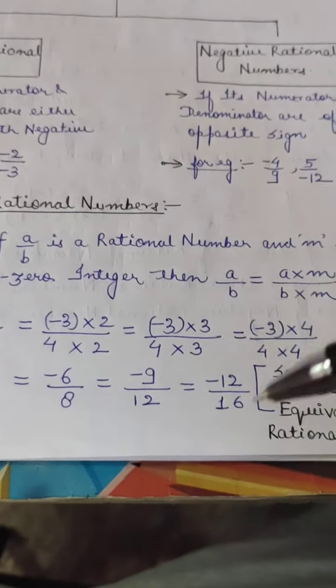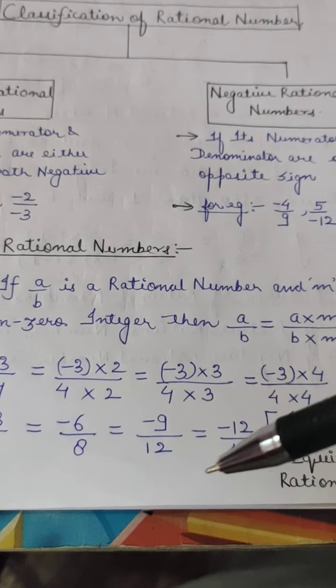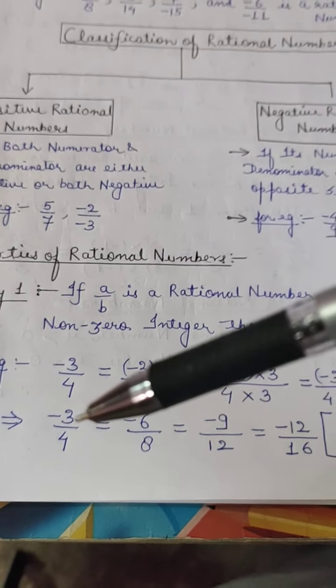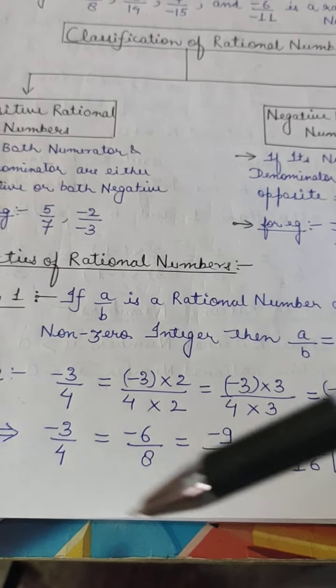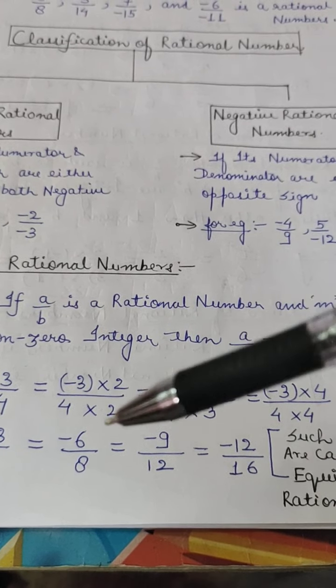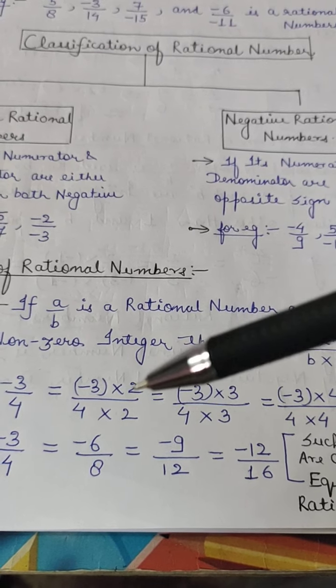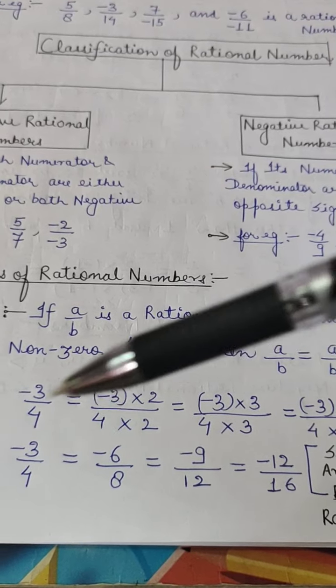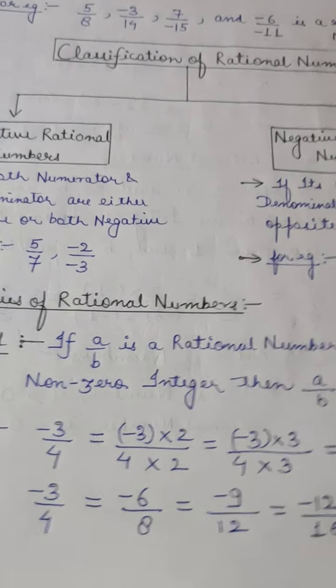So all of these rational numbers are equivalent because the resulting rational number in all the cases is the same. If we try to cancel out these 2 and 2 from both numerator and denominator, then we will get the original rational number.